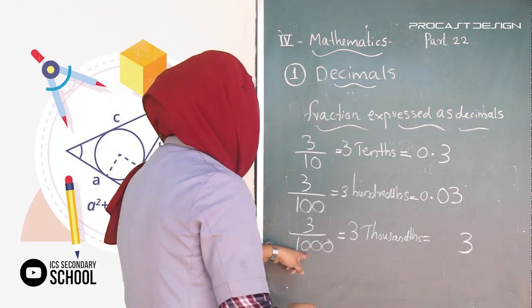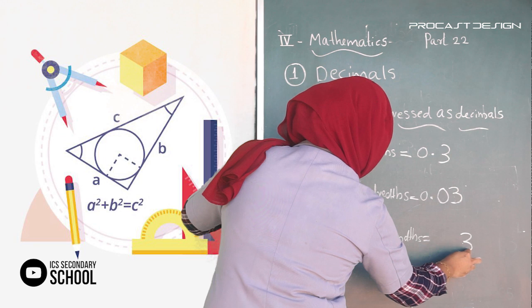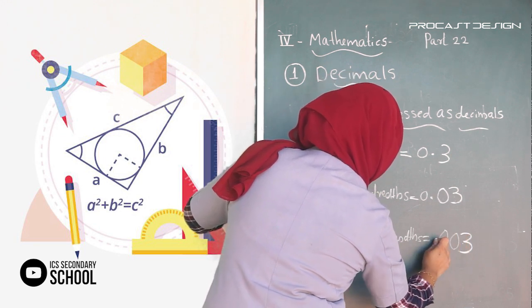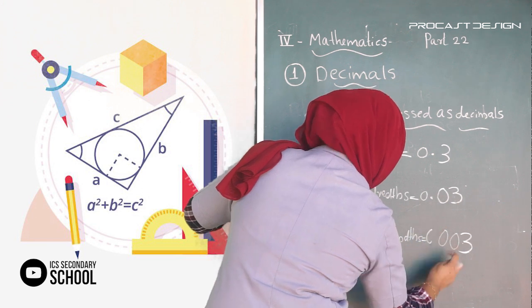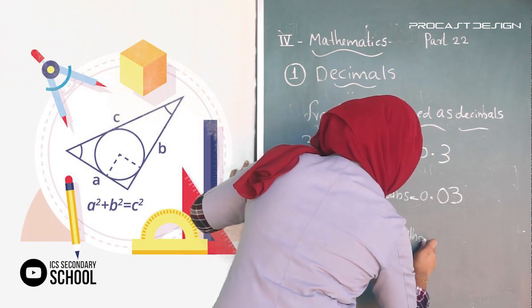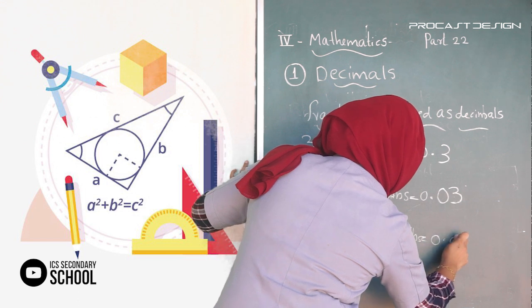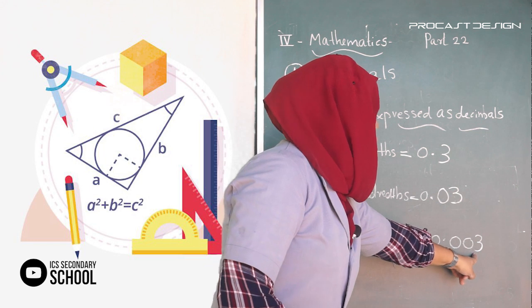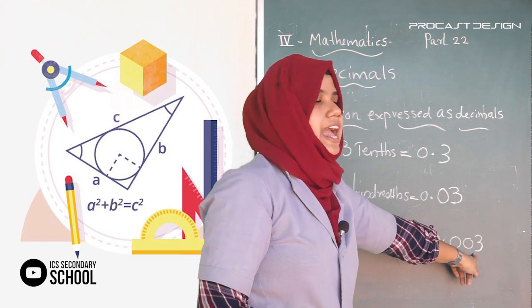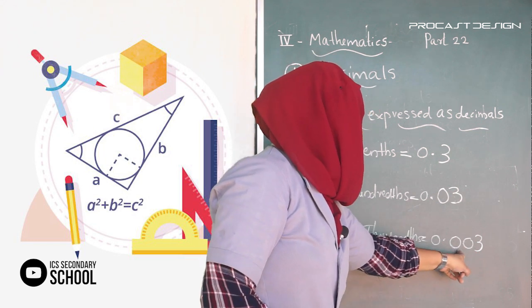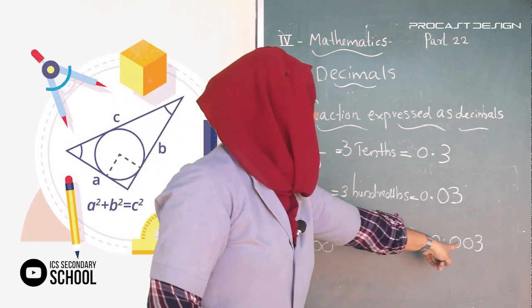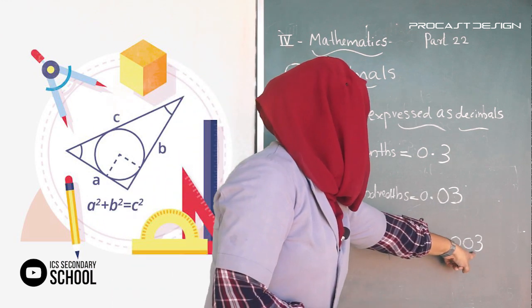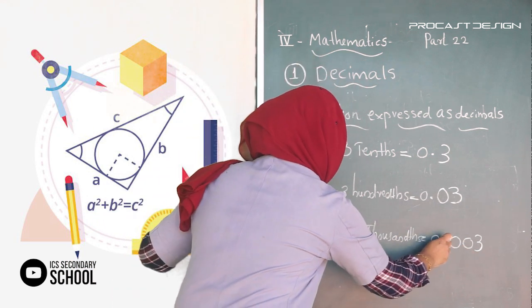After 3 digits, we count from here 1, 2, 3. So the answer is 0.003. So count from the numerator, and after 3 digits left of the numerator we can put the point here.